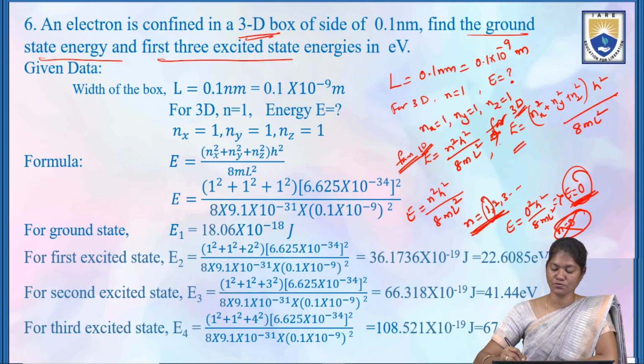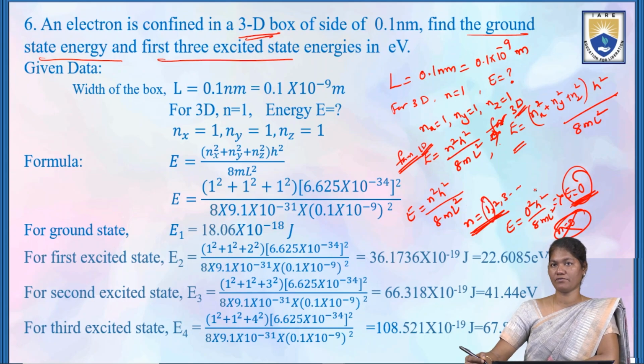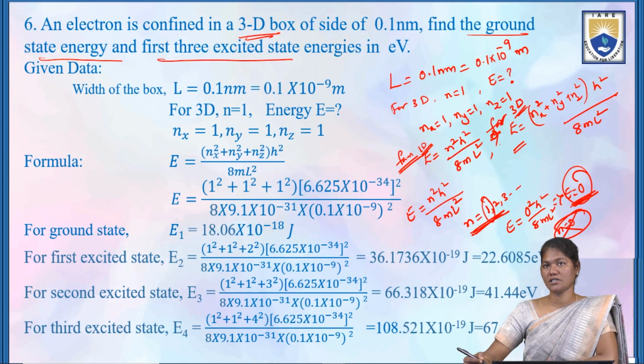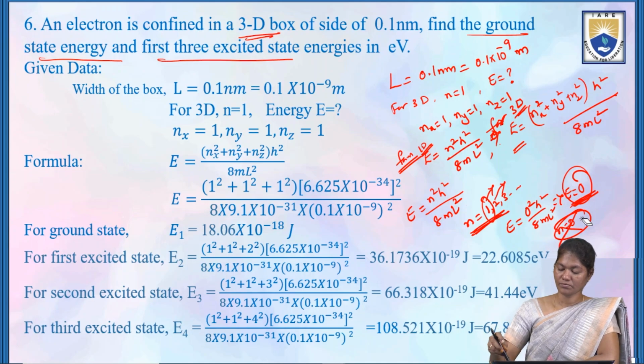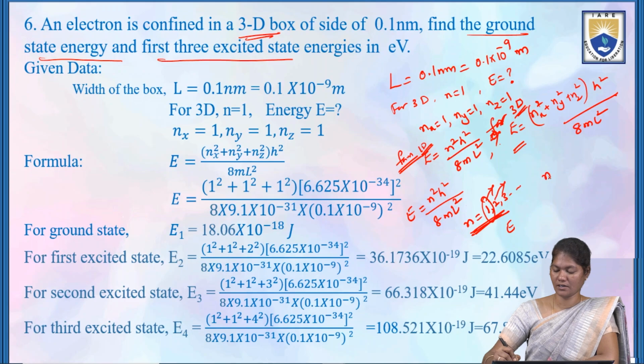If n is equal to 1, it belongs to the ground state. Then the first excited state, second excited state, third excited state. So if n is equal to 1, it is the ground state.